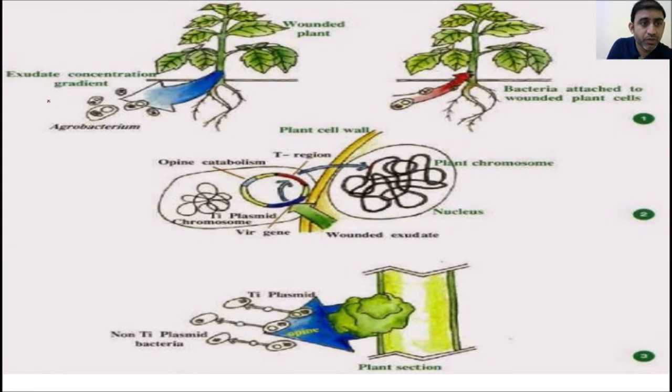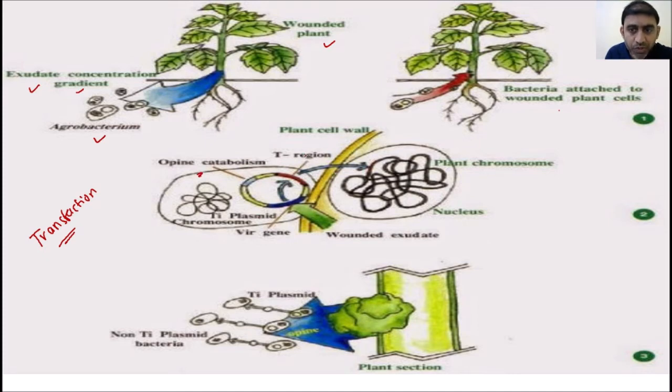Here it is also given: exudate concentration gradient, Agrobacterium is used. This is a wounded plant. Bacteria, here the transfection is going to happen. Transfection means infection, meaning one microbe with its gene is going to attack. Like here is the opine catabolism.